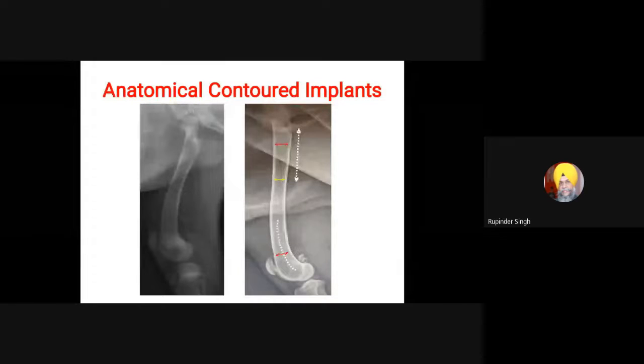You look at the bone, this is bent. You can appreciate on the right side, even the left side, both the bones are not perfectly straight. They are curved along the length of the bone.